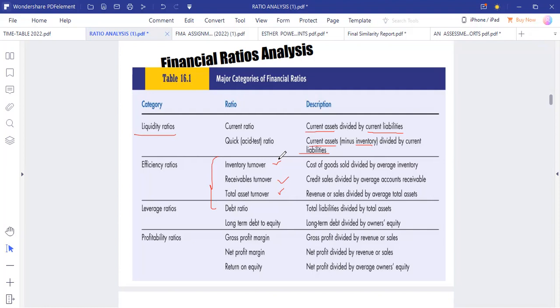Or you can multiply by 365 days. The inventory turnover is very important because it gives you a picture of whether you are keeping stock too long or you are actually selling within a correct period of time. There's what we call lead time in inventory management.